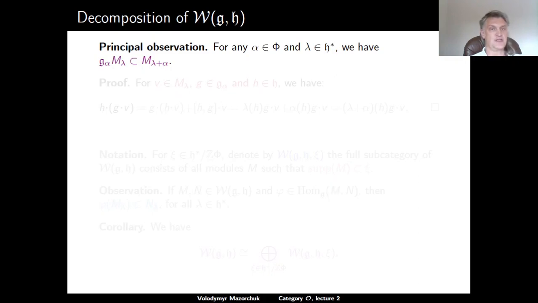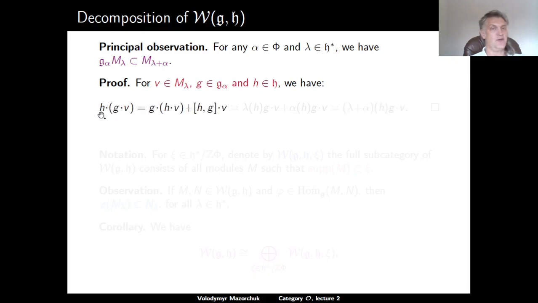The principal observation to obtain this decomposition is the following. If we have any root alpha, any weight lambda, and any G-module M, then the root space G_alpha sends all elements of the weight space M_lambda to the weight space M_(lambda plus alpha). To prove this, take any element v in M_lambda, any element g in G_alpha, and any element h in H. So we want to find out what is the eigenvalue with which h acts on the element gv.